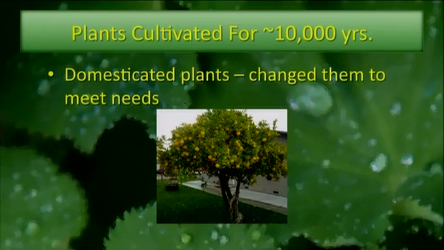We've changed them to meet our needs, and domesticated plants are such that reproduction depends on human intervention. For example, if you have a whole field of corn and you abandon it, it'll actually not grow any corn anymore after 1 or 2 years.